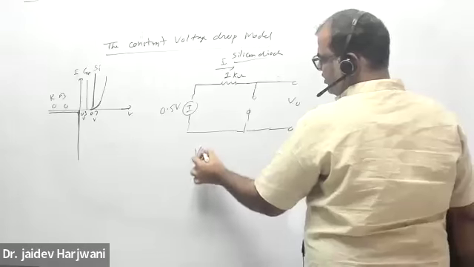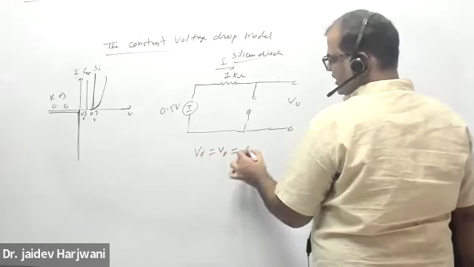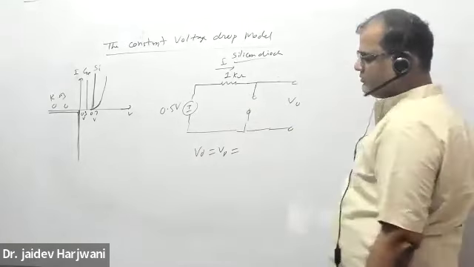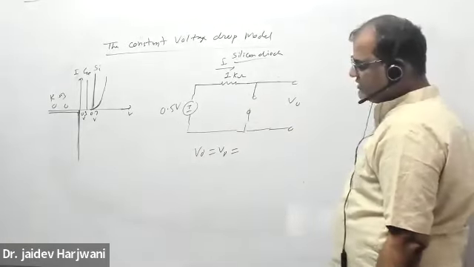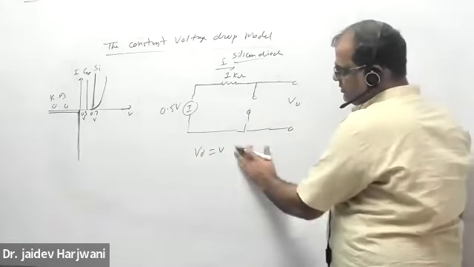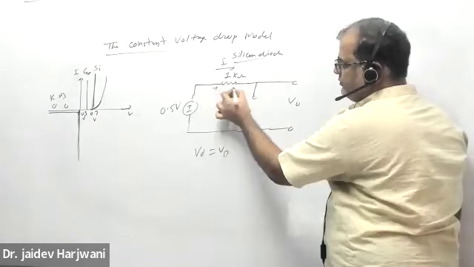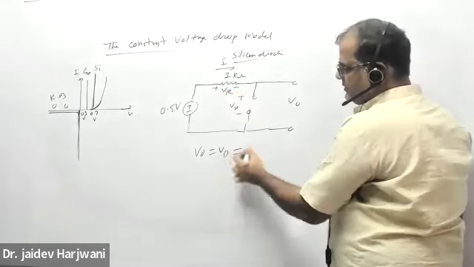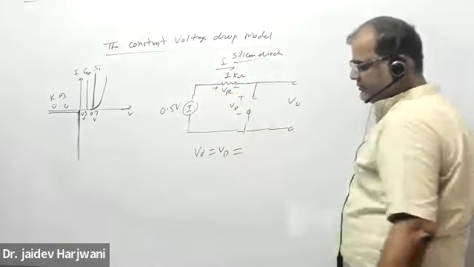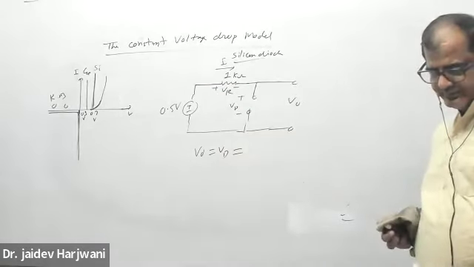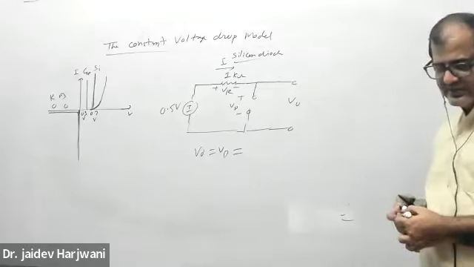So your V naught, VD will be how much? What is the value of V naught now? Same as the source, sir. How much? 0.5 volt.